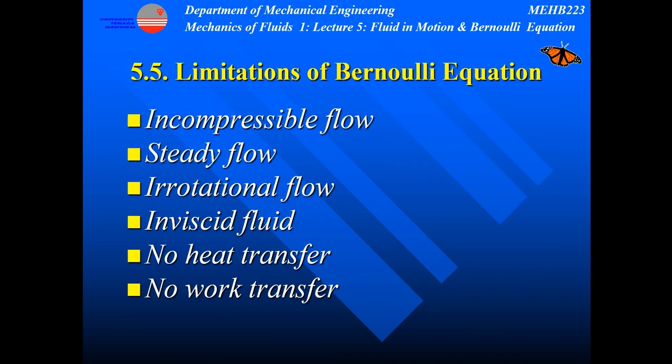Okay. So the limitations of Bernoulli equation. When you want to apply Bernoulli equation, you have to have some assumptions. There are 6 assumptions. One is incompressible flow, meaning that the density should be constant. Another one is steady flow, because when you derive the Bernoulli equation, remember that dV over dt is 0. And it has to be irrotational, meaning it's not in rotation.